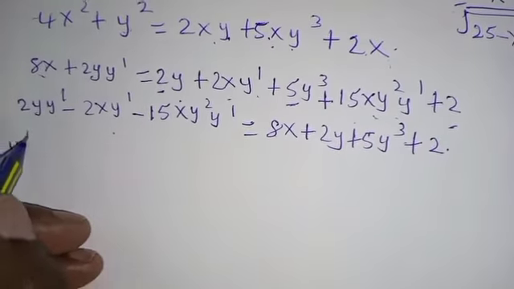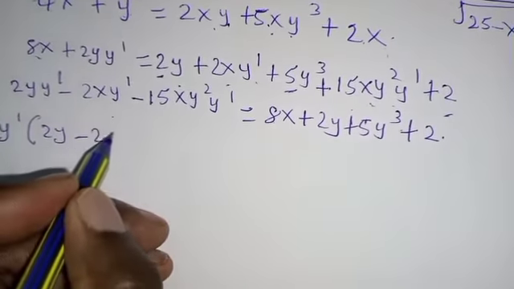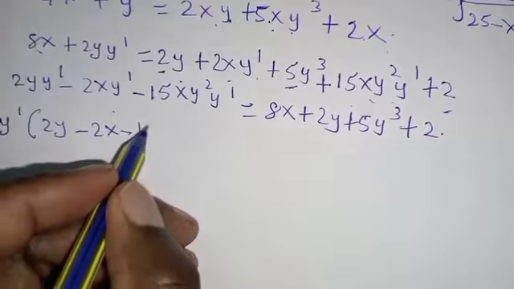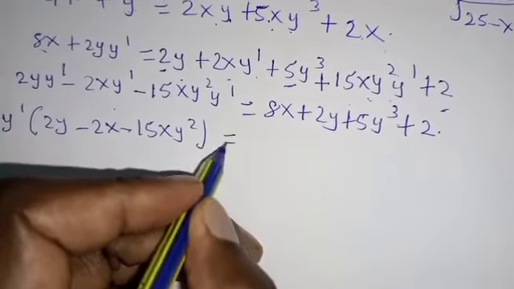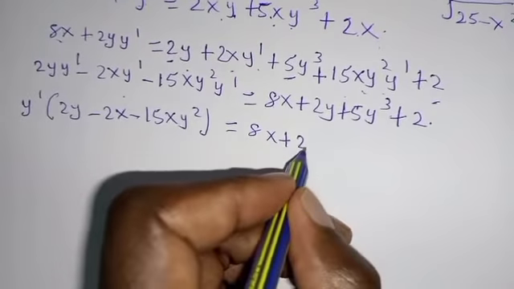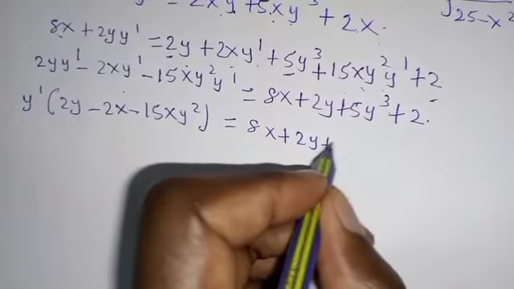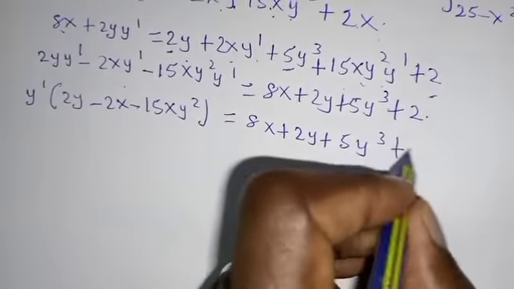So the next thing you do, you factor y prime on the left hand side. So factor y prime to be left with the 2y minus 2x minus 15xy squared, which is equal to 8x plus 2y plus 5y cubic plus 2.